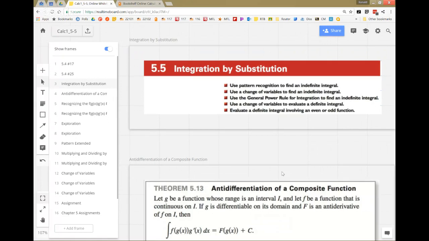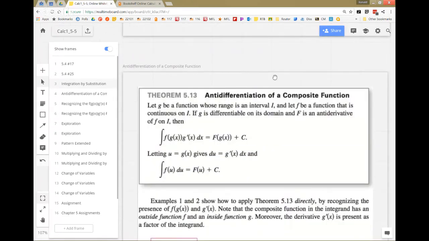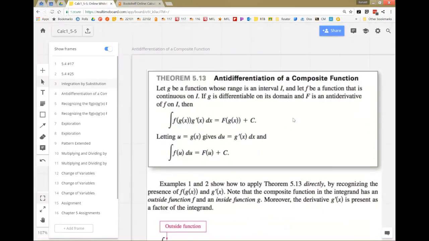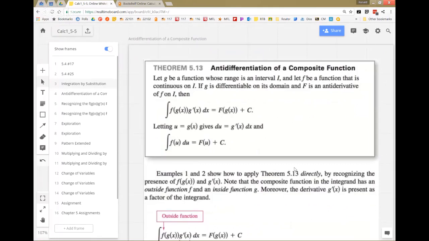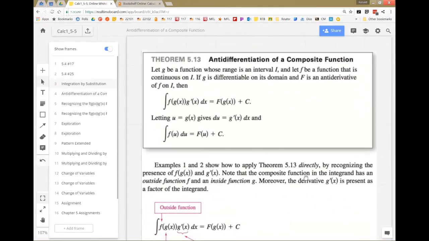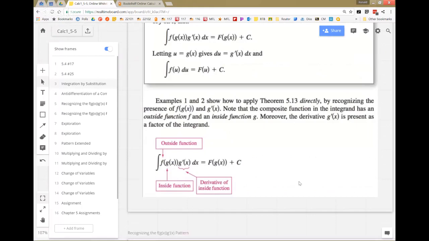I know that sounds general and kind of weird, but that's literally it. You got to really watch for certain things. So this just shows that we're going to be dealing with the chain rule.